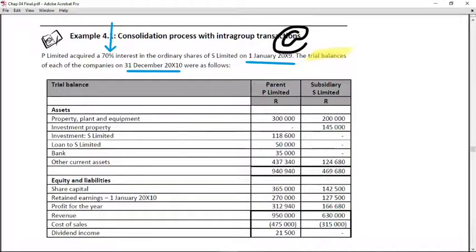It's important to understand that these trial balance amounts should be the final amounts before you can start the consolidation process. That means that all transactions should be fully recorded and recognized in the separate financial statements before you consolidate.